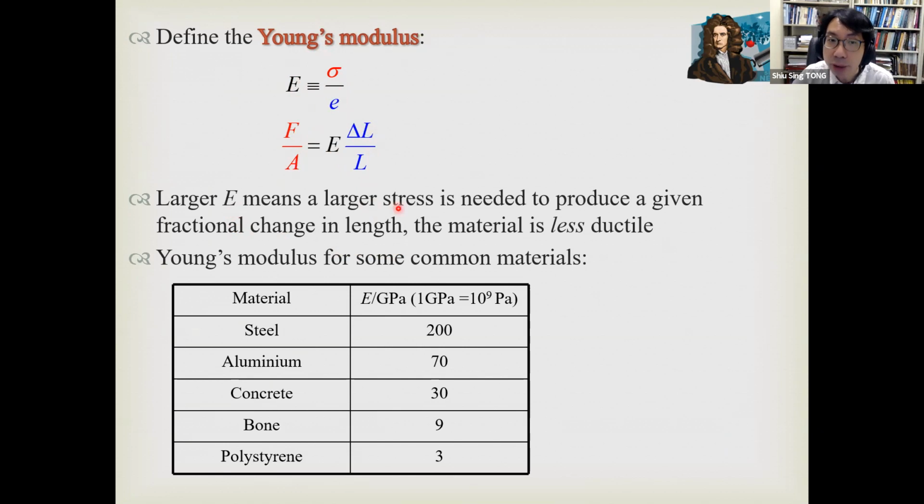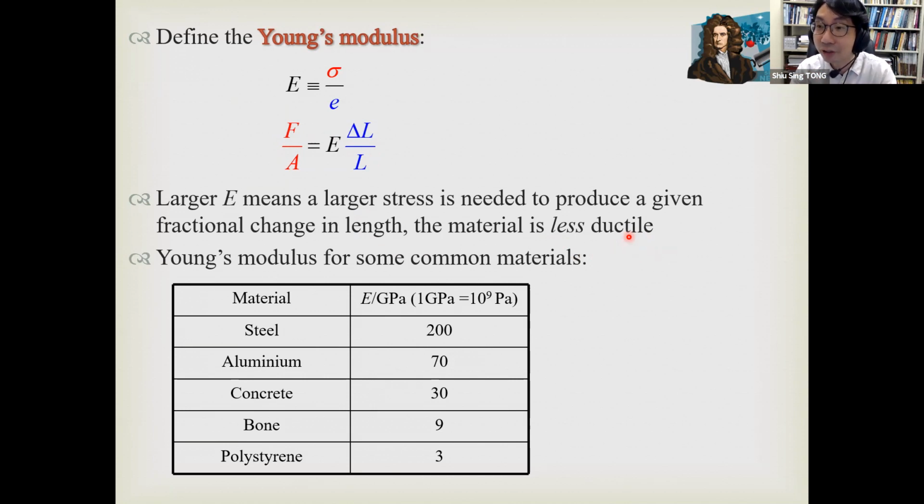And again, a larger E means a larger stress is needed to produce a given fractional change in length. You see from this formula, if E is larger, that means I need a larger stress to produce a given fractional change in length. So the material is called less ductile. It cannot be stretched easily. Ductile means how easily you can deform the material by applying a stretching force.